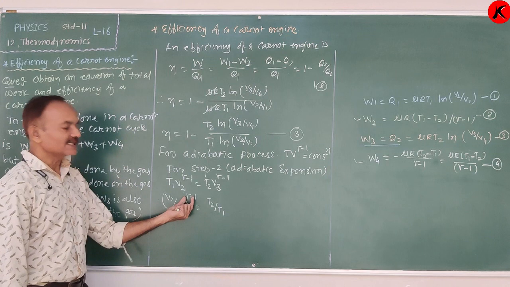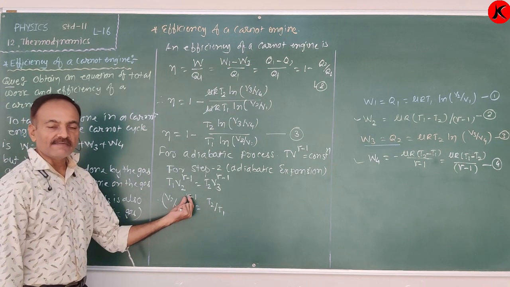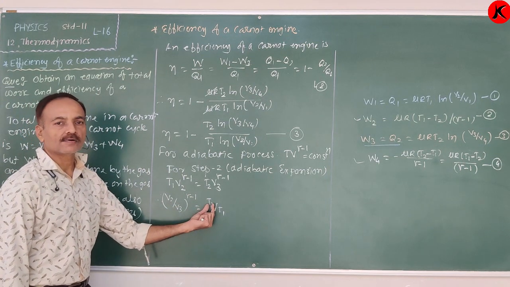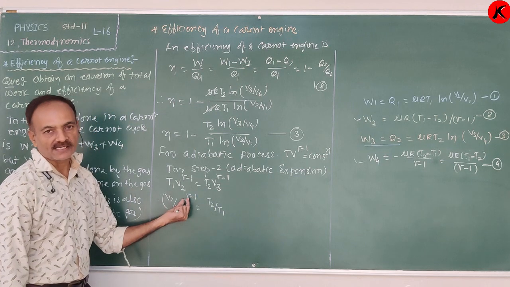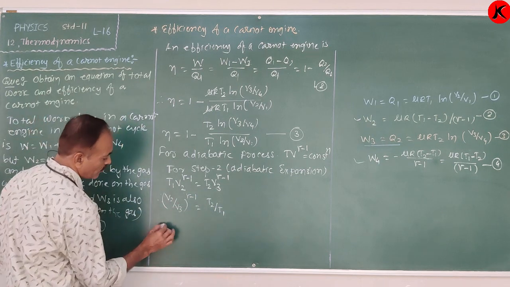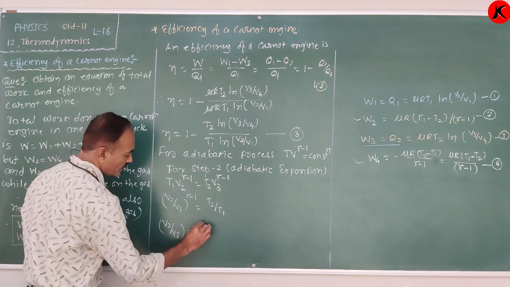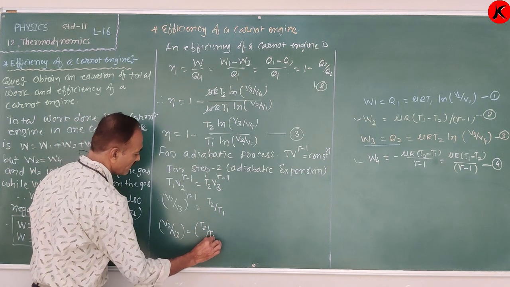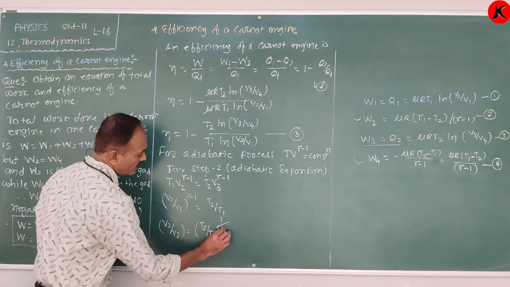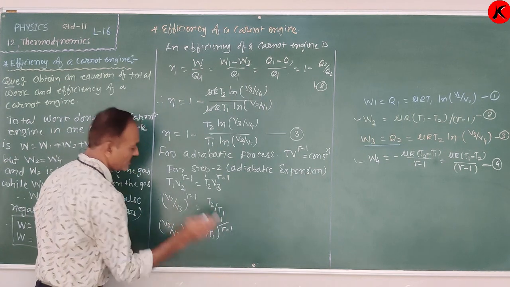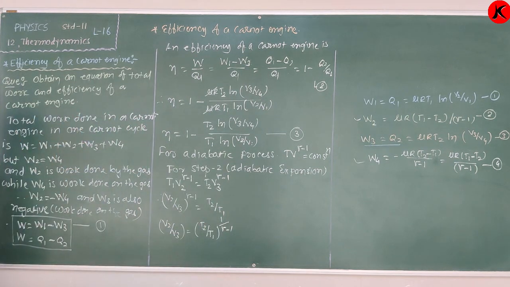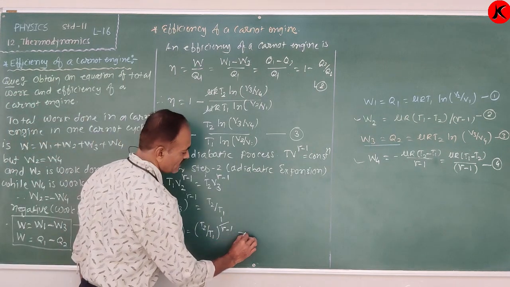Okay. Now here the power is gamma minus 1. We take the root of power gamma minus 1 on both sides. Therefore V2 upon V3 is equal to T2 upon T1 raised to 1 upon gamma minus 1. That is our equation number 4.